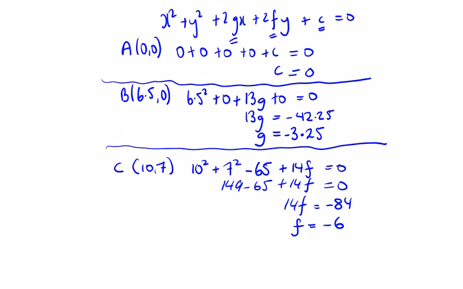So the equation of the circle becomes x squared plus y squared plus 2g, but that's minus 6.5x. And then it's going to be again minus 12y, 6 by 2, equals 0.